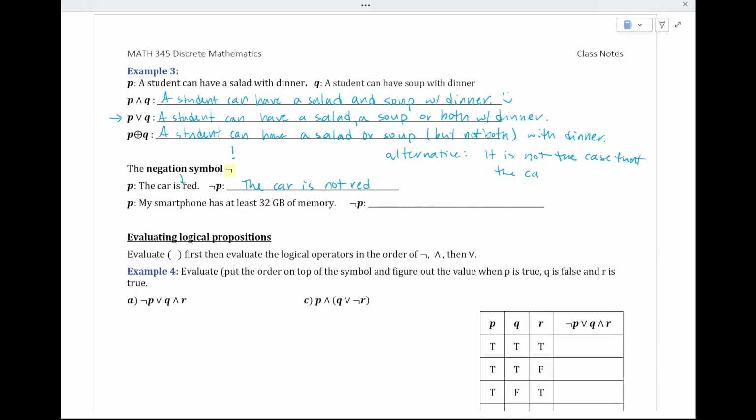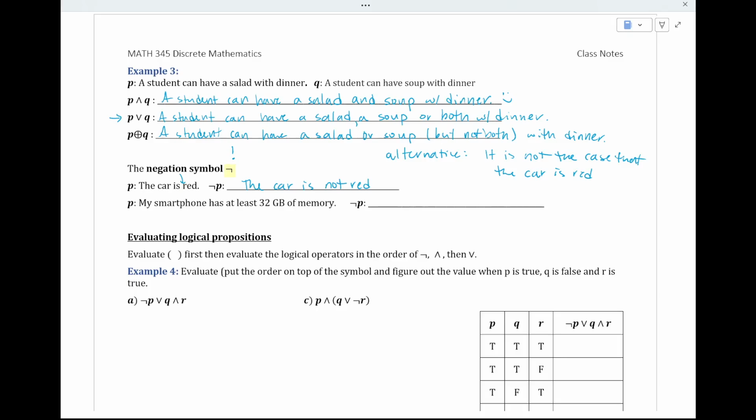The car is red. So then I haven't actually modified the proposition itself. I haven't had to tuck a word in there somewhere. I've just added this at the beginning: it is not the case that. This doesn't quite sound as natural, but sometimes when you're unsure of where to stick the not, you can get by with the negation by adding this on the front.